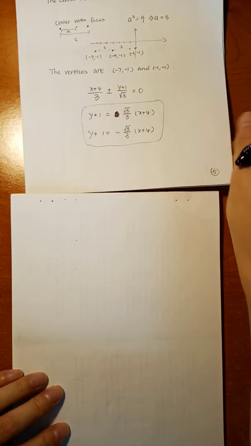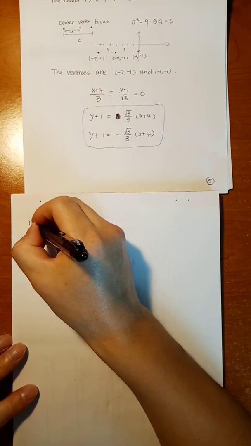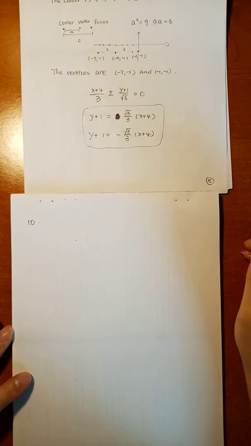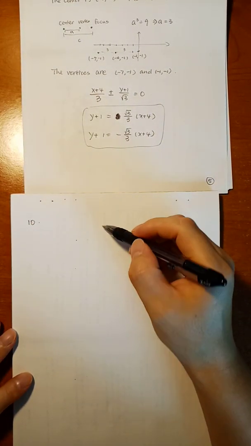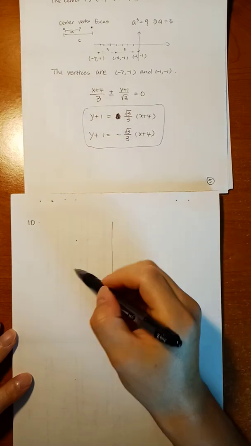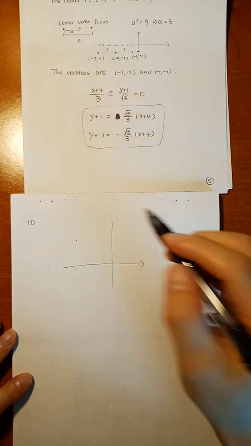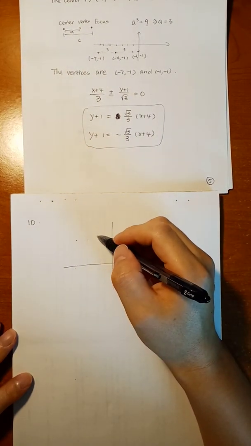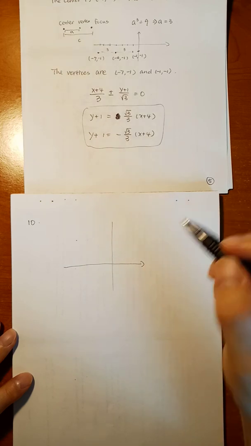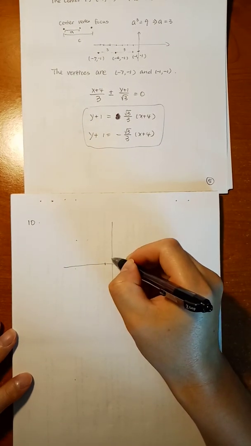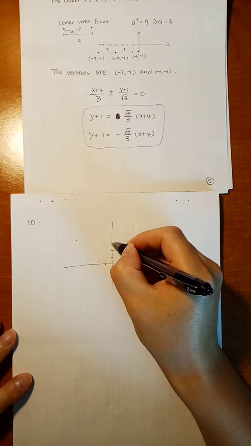Okay, now let's talk about problem 10. Problem 10 seems to give us a lot of trouble. It's the geometry. It's a circle, standard form. We have a center, and a line touching the circle.